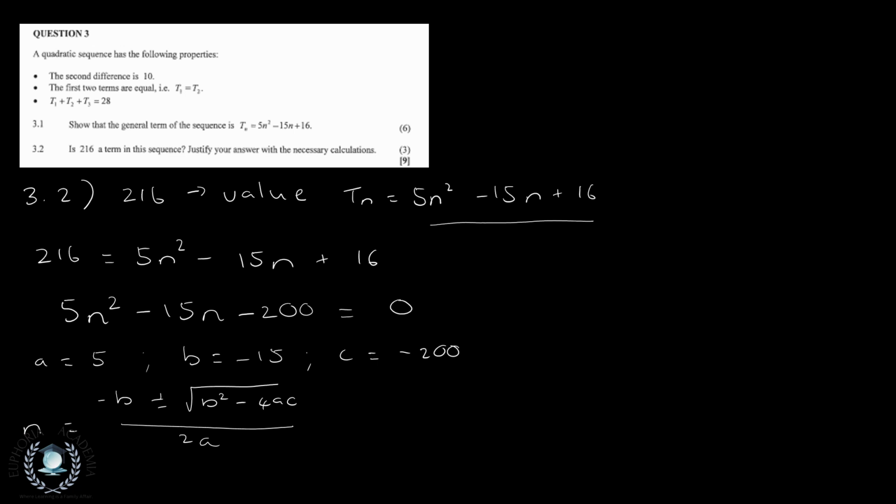And let us just substitute what we have. n is equal to minus, our b is minus 15, plus or minus the square root of minus 15 squared minus 4 times our a, which is 5, and our c, which is minus 200, and all of that is divided by 2 times 5.